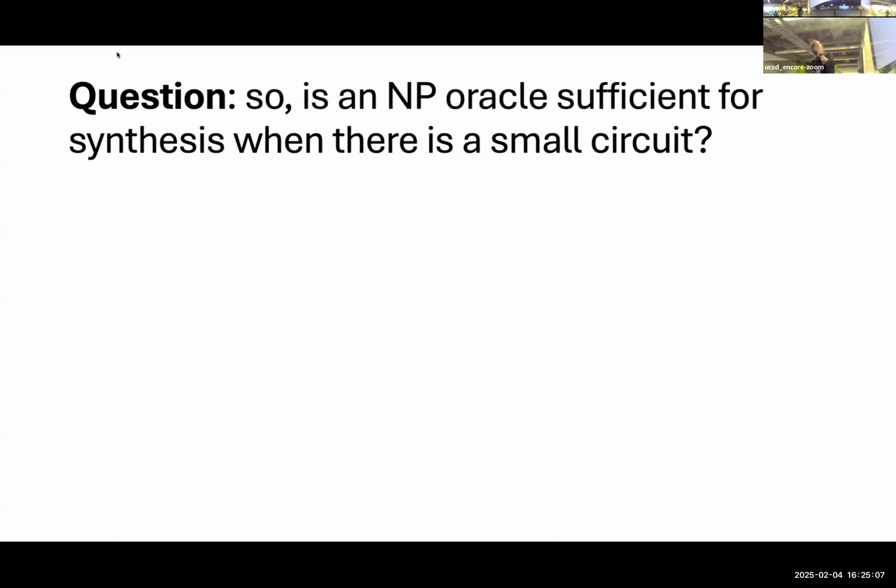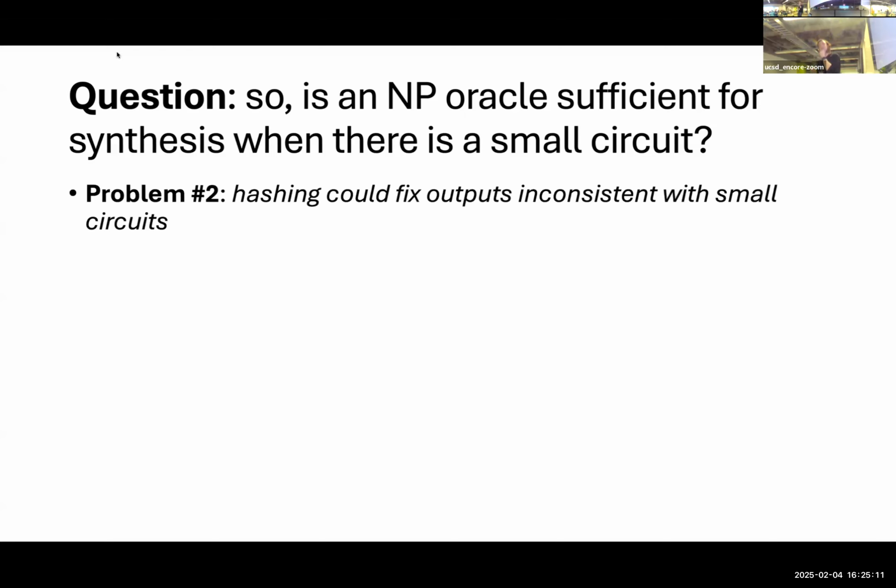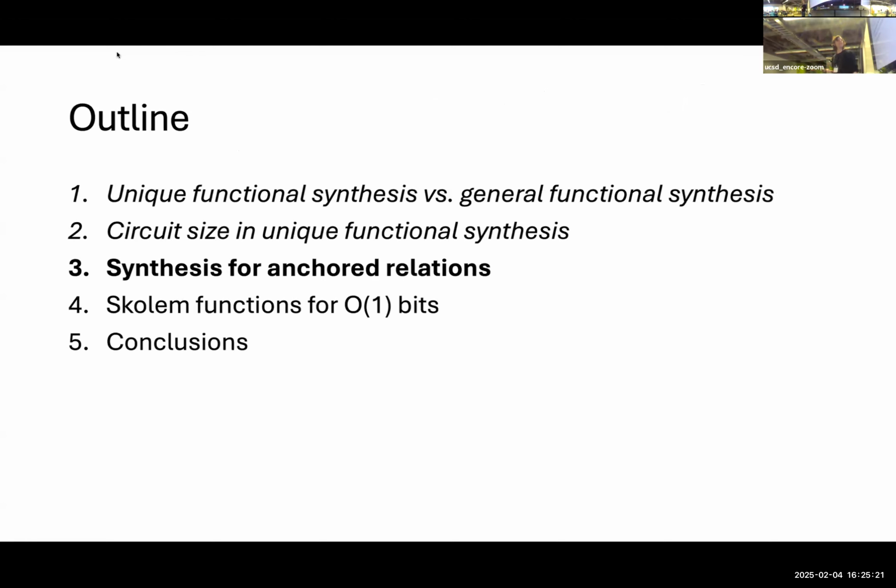And is that sufficient for my reduction? Unfortunately not, because hashing could kick out my small circuits. So yeah. All right. So what's a version of the problem that I can solve?